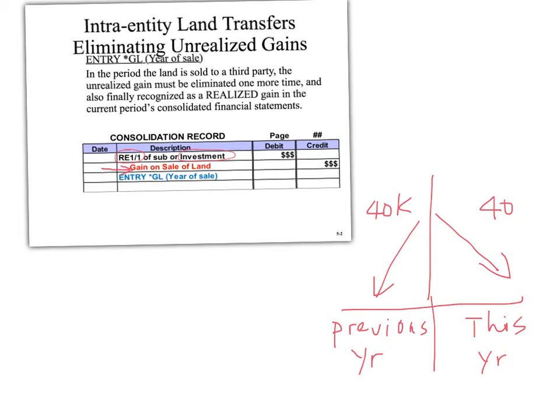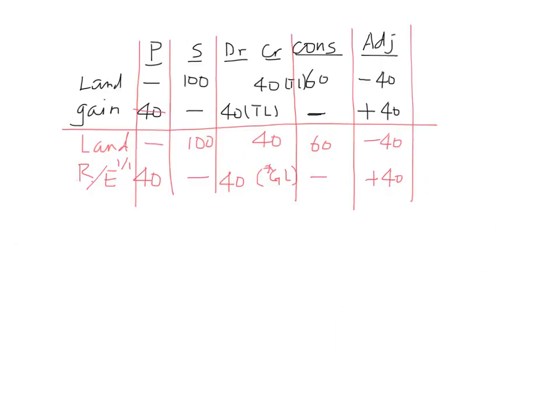Now again, I just want to remind you, these entries are made on the consolidated financial statements. If you look at what we did previously, we didn't change the books.